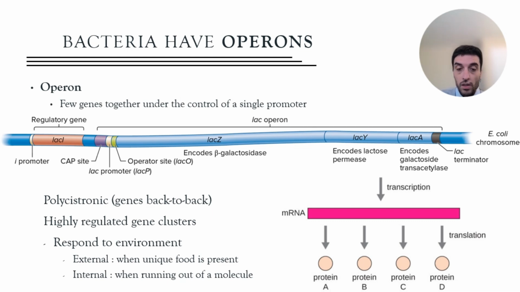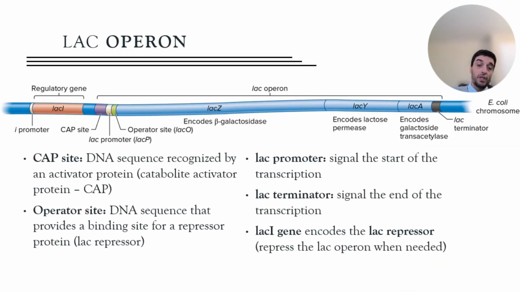So they can respond to the external environment, where it lacks certain nutrients or has a lot of those nutrients, or they can respond to an internal environment. Usually when they're running out of a molecule, but it can be because they have too much of that molecule as well. So they're going to be responding to the external and internal environment usually. In the case of the lac operon, it is usually responding to the external environment that influences the internal environment.